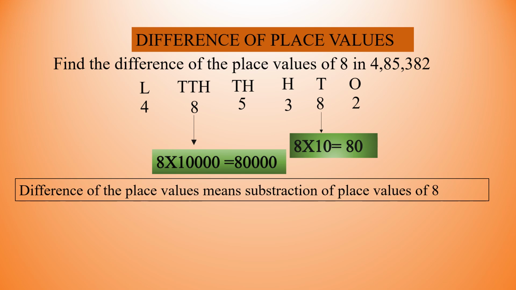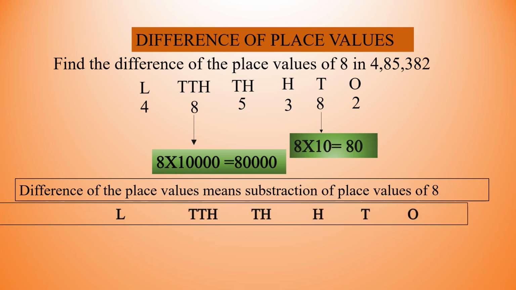Difference of the place values means subtraction of place values of 8. While subtracting, we should write the place value chart first and then we should arrange the numbers. One more thing we should remember while subtracting, that the bigger number should be written first. Here the bigger number is 80,000.